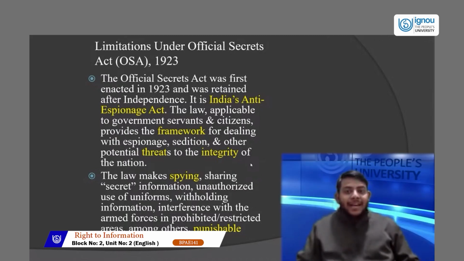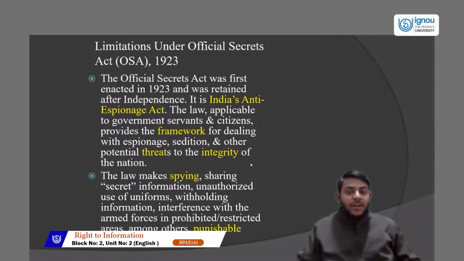There is also the Indian Evidence Act of 1872, which provides that evidence relating to affairs of the state, official records and professional communications are restricted for disclosure to the general public.